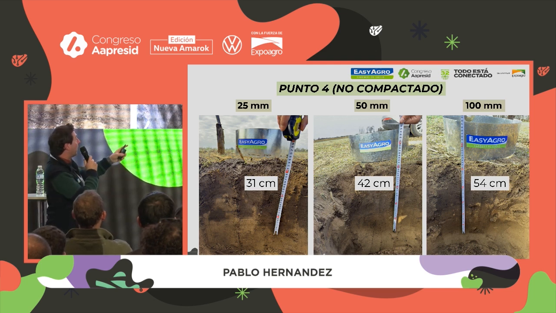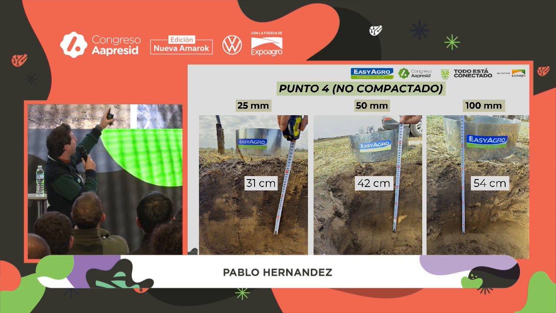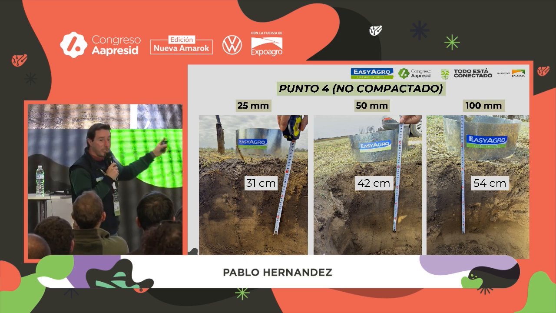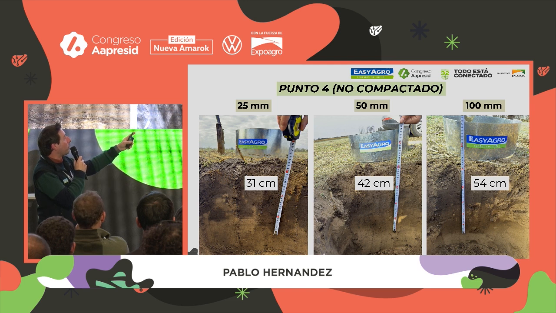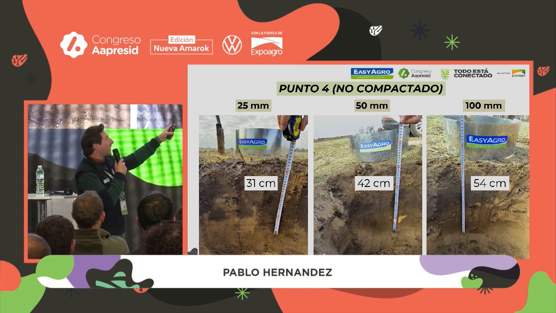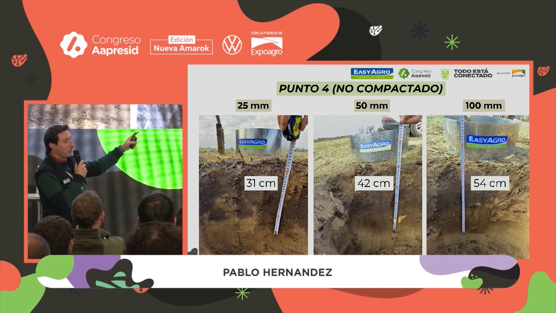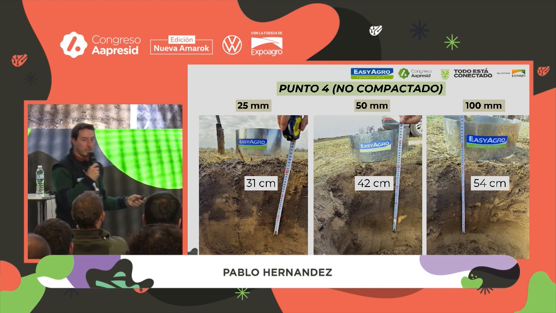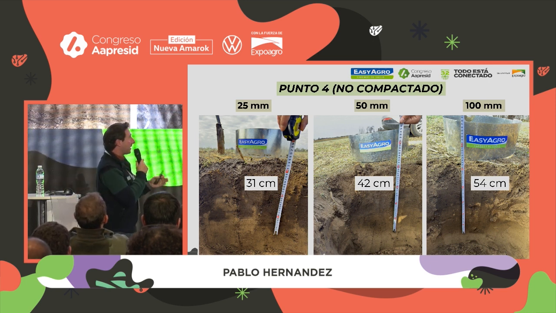And when we evaluated the distribution of humidity and the depth in the soil for non-compacted soil, for 25 millimeters, 31 centimeters were infiltrated. For 50 millimeters, 42 centimeters, and for 100 millimeters, 54 centimeters. So infiltration was 70% more for non-compacted soils compared to compacted soils.